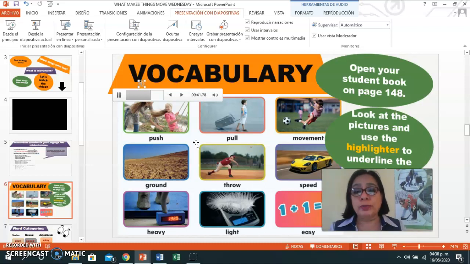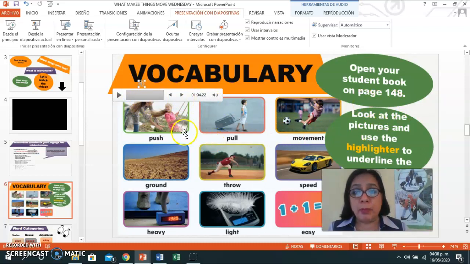Push, pull, movement, ground, throw, speed, heavy, light, easy. Okay, we stop here.